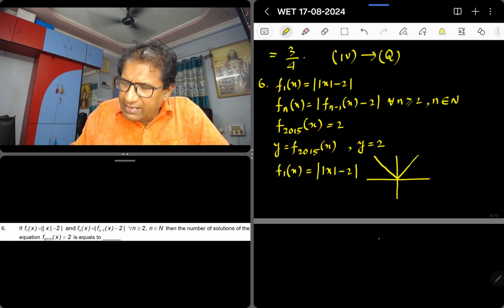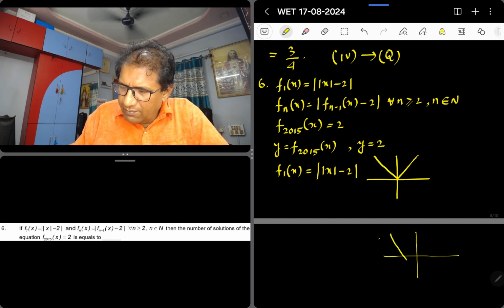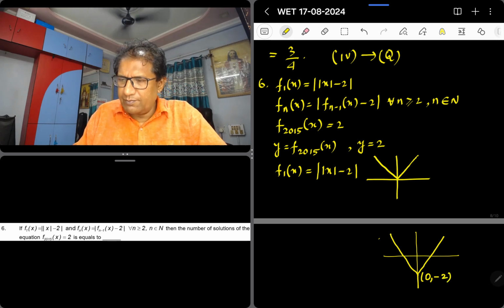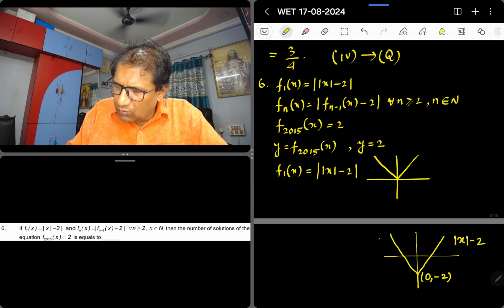Mod of x minus 2, so it will come down by 2 units along the y-axis. So the curve will look something like this. This is your 0, minus 2. Now, this is the graph of mod x minus 2.